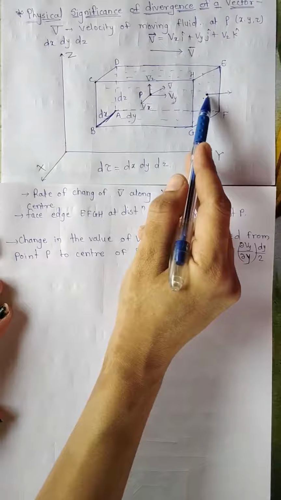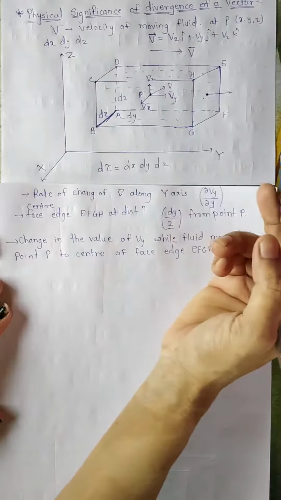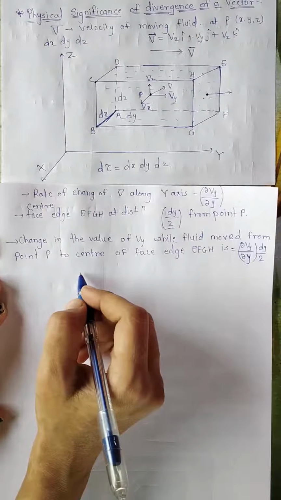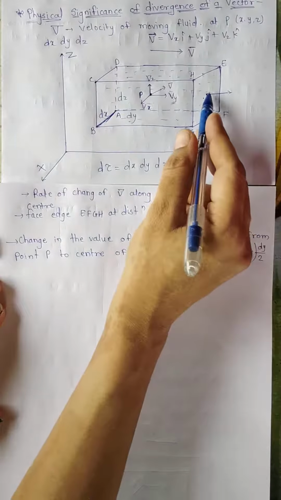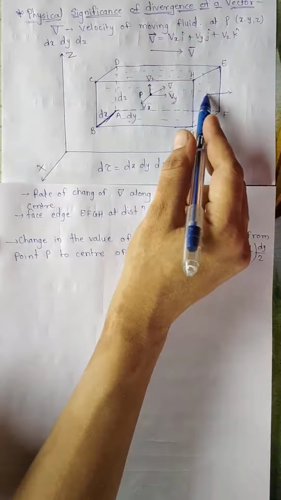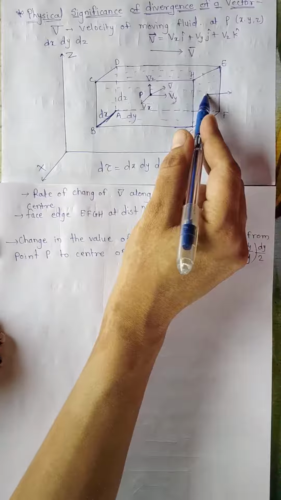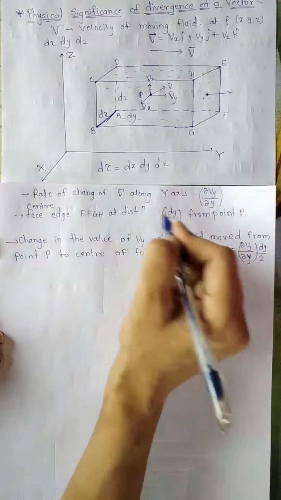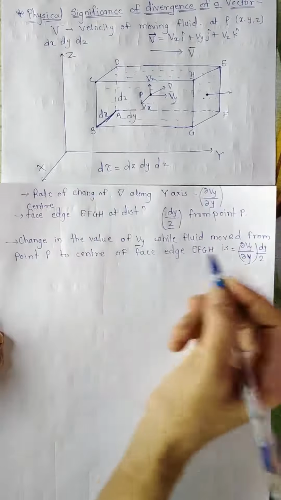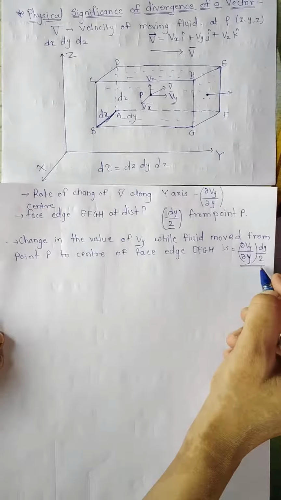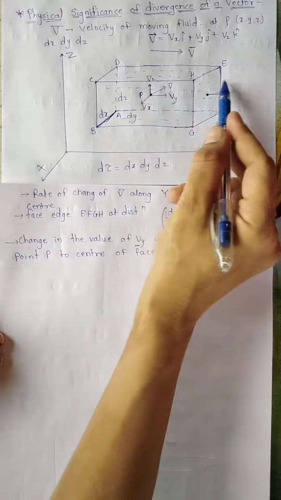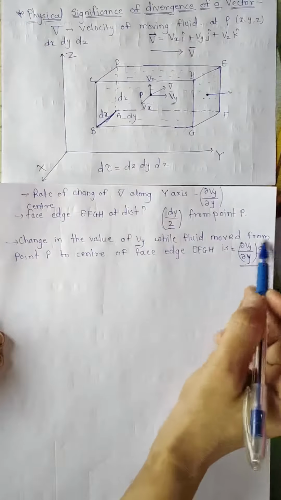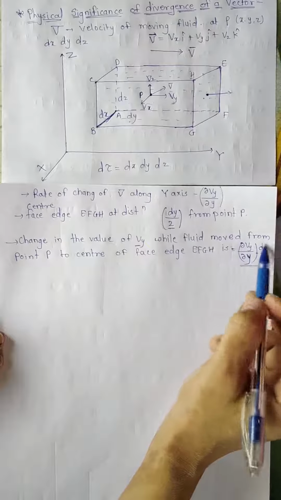Hence the magnitude of the y component of V bar at the center of this face will be the addition of Vy and this term, because the fluid is moving in this direction and this is the change in the value of Vy.